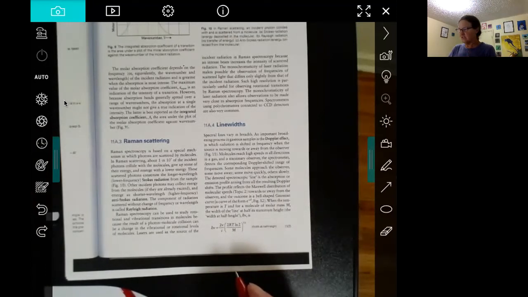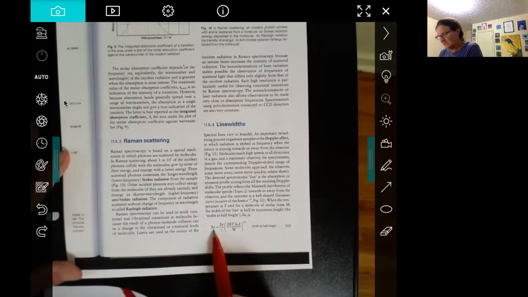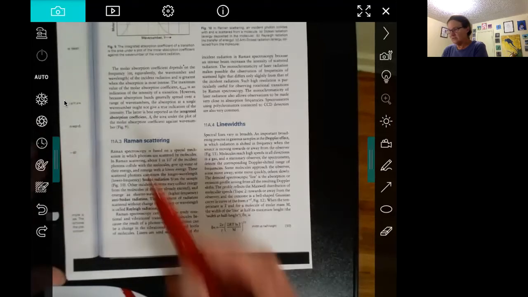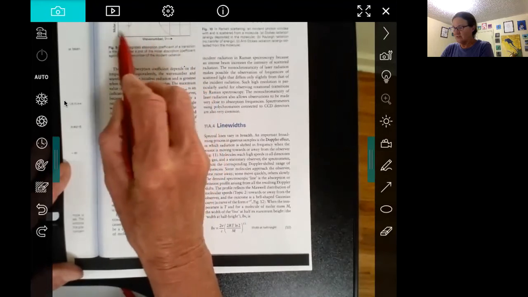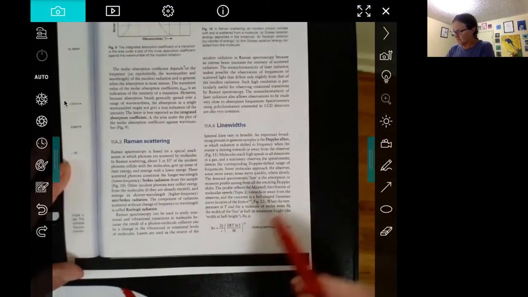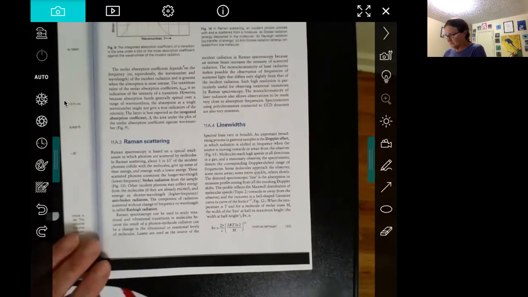So that changes the energy of the light that they're going to interact with. This equation shows you how wide the peak is, so the change in the frequency. If there would be one peak for a perfect transition, how broad is this essentially? It is related to the frequency, the molar mass, and the temperature that you're at.